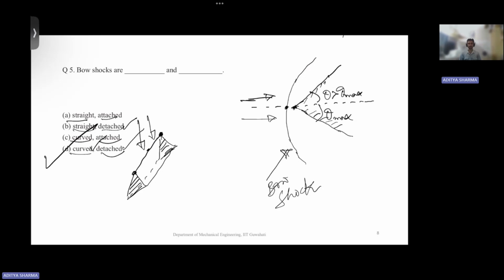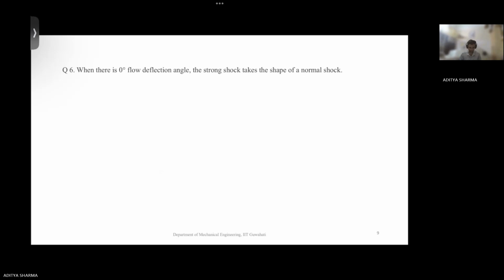Then next question. Let's see. It's a true or false type of question. It says that when there is 0 degree flow deflection angle, the strong shock takes the shape of normal shock.